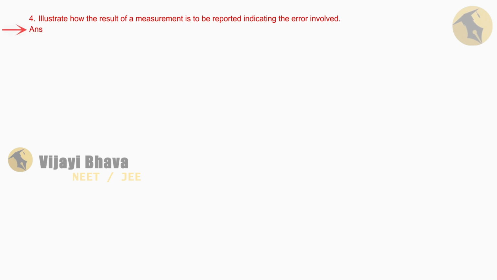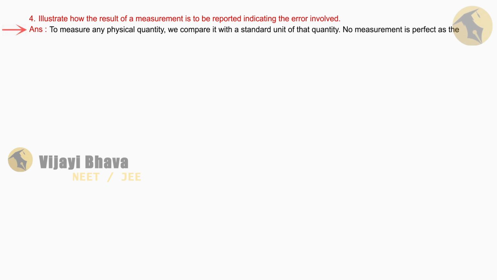Next question. Illustrate how the result of a measurement is to be reported, indicating the error involved. To measure any physical quantity, we compare it with a standard unit of that quantity. No measurement is perfect as the errors involved in the process cannot be removed completely.